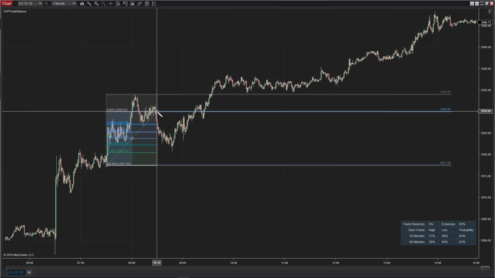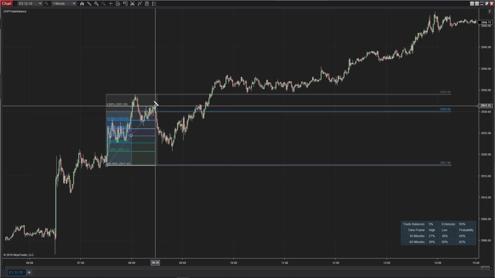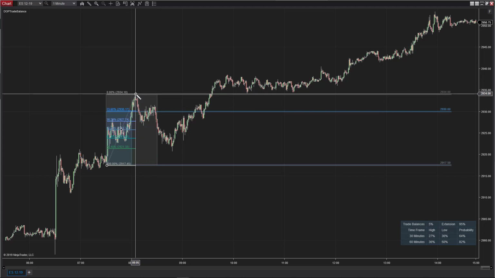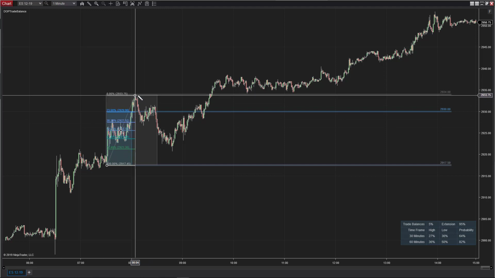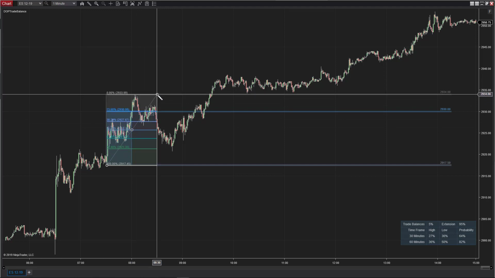As we hit new highs, we can always redraw it. A lot of times I'll have this drawn two, three, or even four times as the market is developing, because it produces very tradable levels.